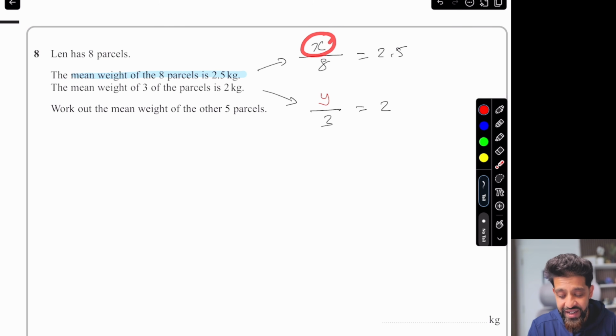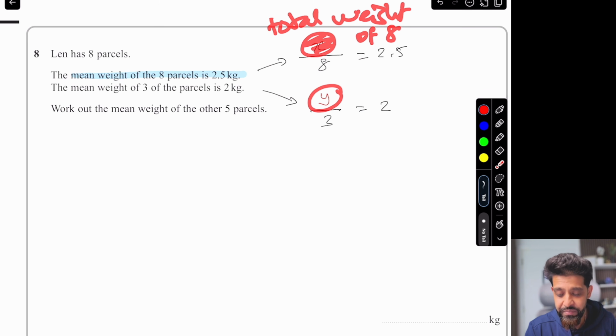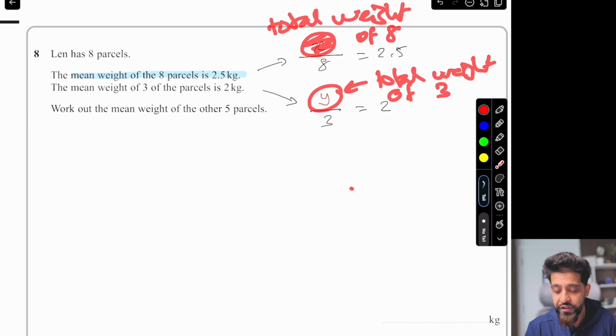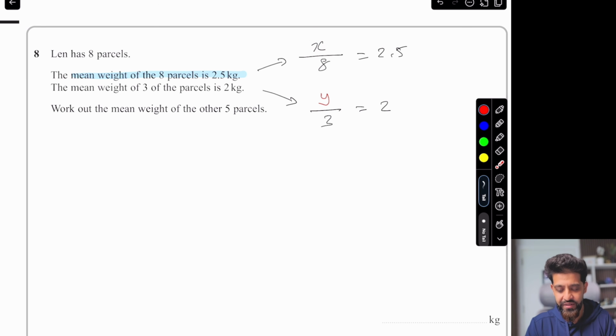Don't be confused by what x and y mean. I could have written total weight of 8 parcels instead of x, and total weight of 3 parcels for this one, but it's so long. x and y is just easier to represent. So just remember what that means. x means the total weight of 8 parcels, and y is the total weight of 3 parcels.